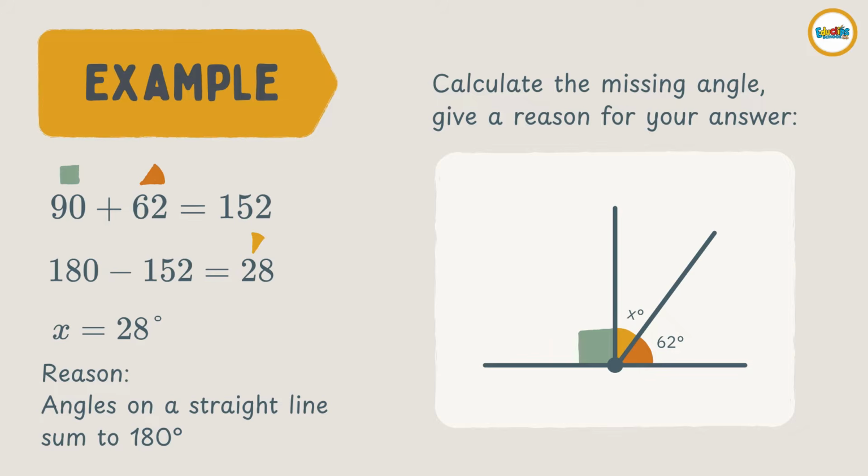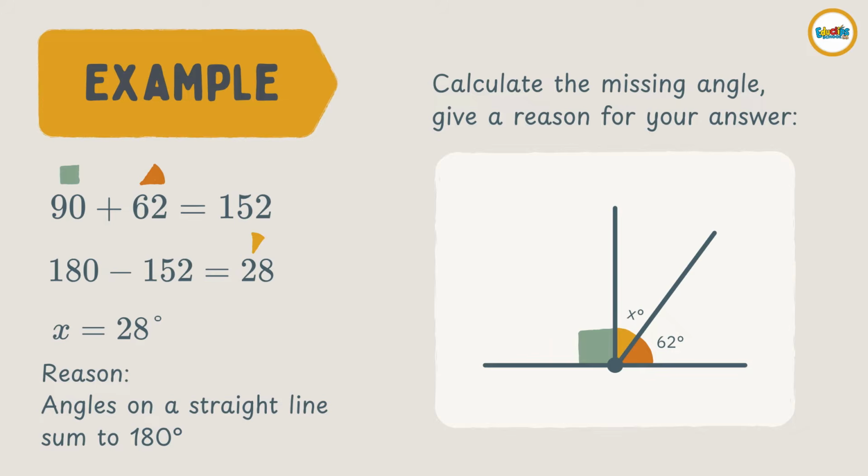So how do we go about working this out? In the example on the left, you can see that we have 90 add 62. They're the two angles that we already know. And when we add them together, we get 152. So we know out of that 180 degree straight line, we already have 152 degrees accounted for.